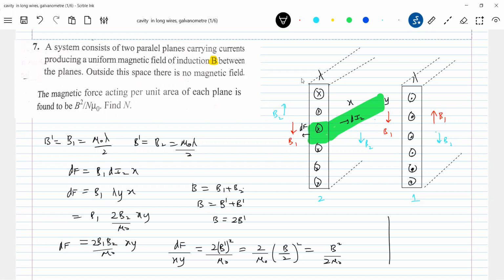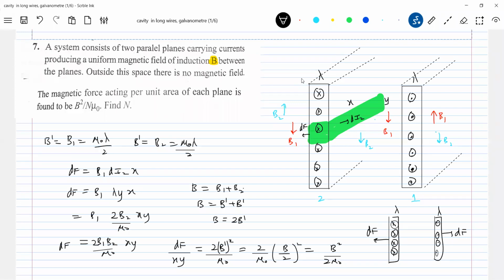So when two plates carry current in opposite directions, how will the force be? The force per unit area will act in the opposite direction. If the current flowing in both the sheets is in the same direction, it will be attractive.